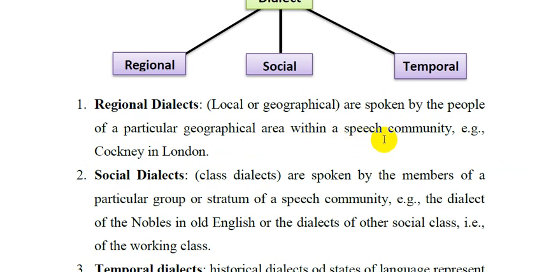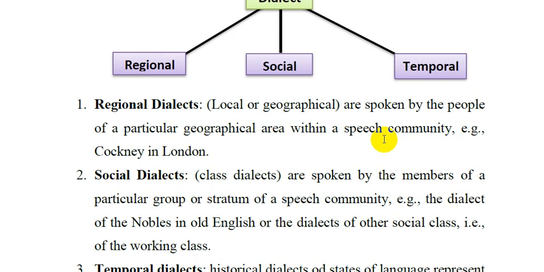So this dialect relates to a geographical area, a place, or sometimes maybe a city or something like that.